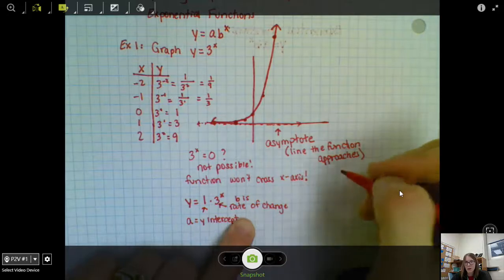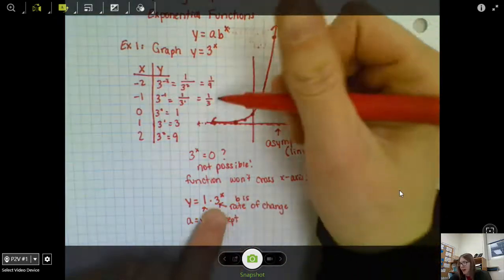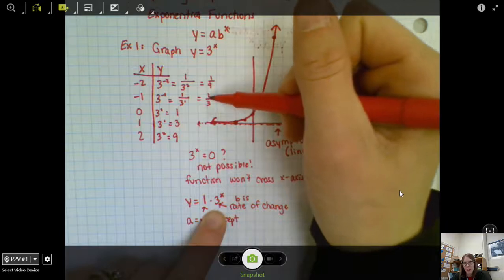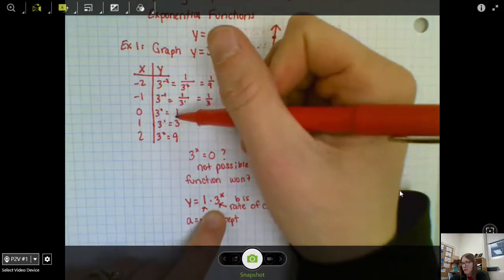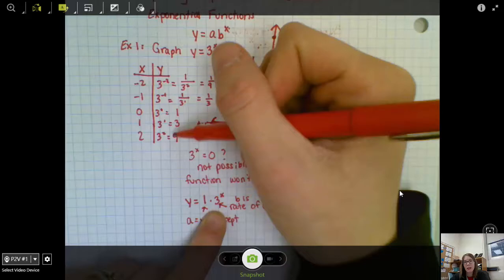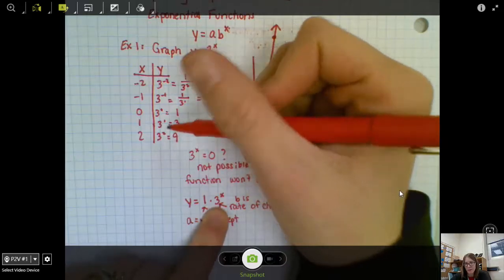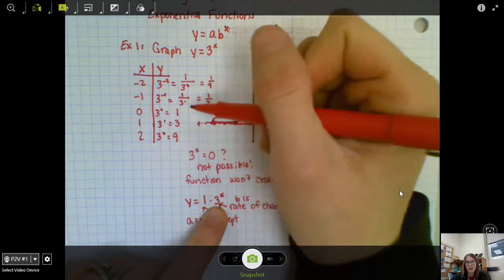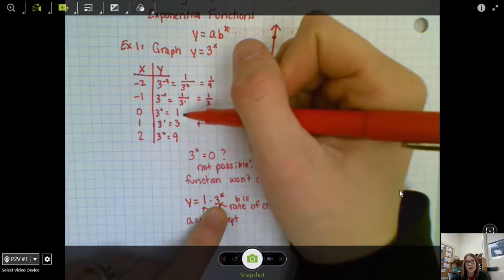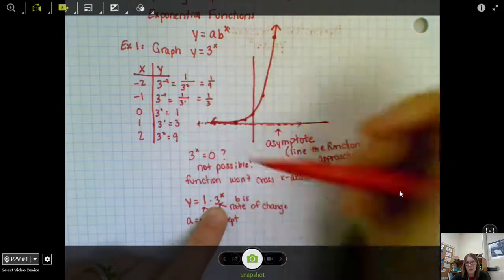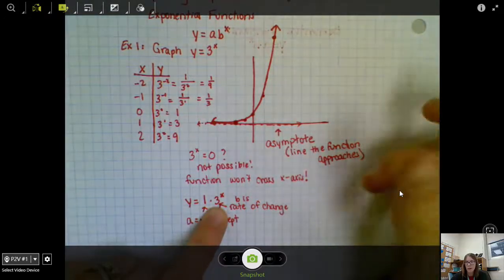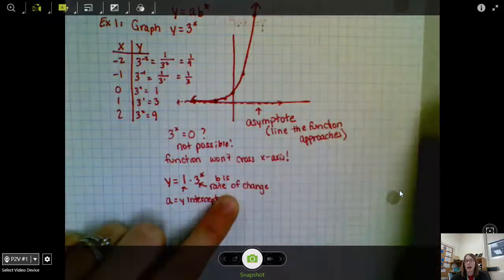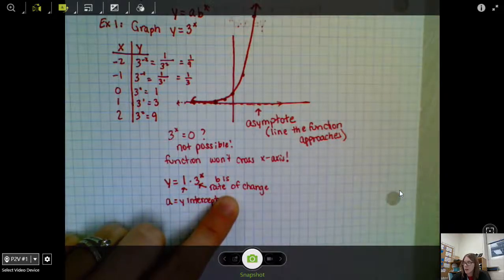B is the rate of change. If you look at our table here, it's a little bit harder to see with our negative values for x, but look at our positive values: 1, 3, 9. Do you see what's happening? Each y value we multiply by 3. So 1/3 times 3 is 1, times 3 is 3, times 3 is 9. B is our rate of change. That's what we multiply by each time with exponential functions.